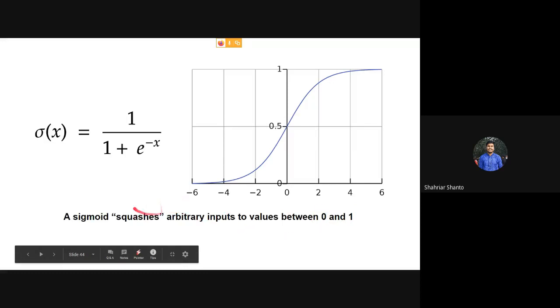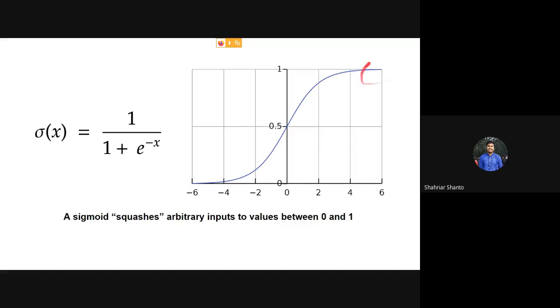So we use that idea in machine learning also. This is the sigmoid function, and we can see in the graph that when the input is 0, the output we get is 0.5, and when the input gets larger and larger, the output goes nearer to 1.